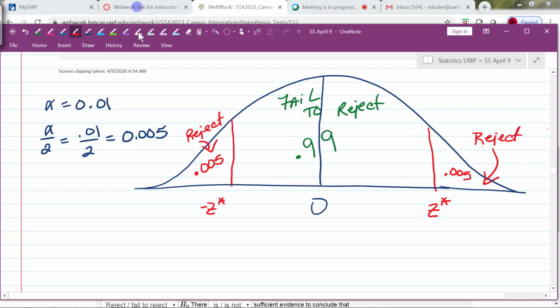If we want to highlight, we can say this is the rejection zone. We have a rejection zone on the left as well as one on the right because it's a two-tailed test. And then we have our fail to reject area right in here.